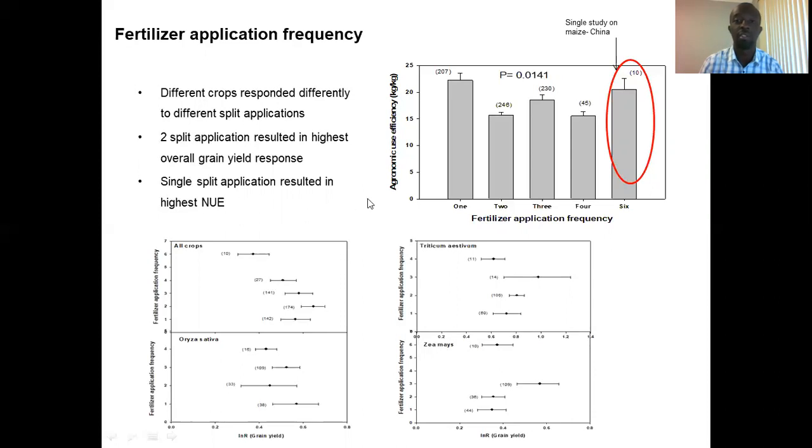For nitrogen use efficiency, a single split application yielded the highest nitrogen use efficiency. But if you pay attention to the 6 split application, the study was only for one publication or one study on maize in China. So that would not be conclusive.